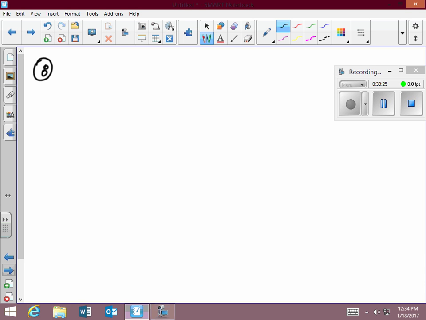Okay, number 8 says points A, B, C, and D are located on line L. Their corresponding coordinates are given. Find each of the following distances. So it's that thing down below.